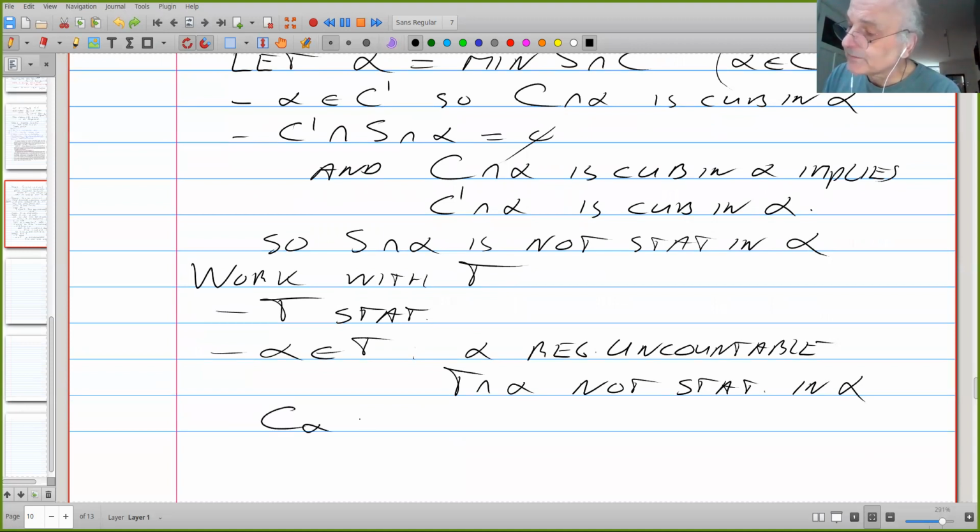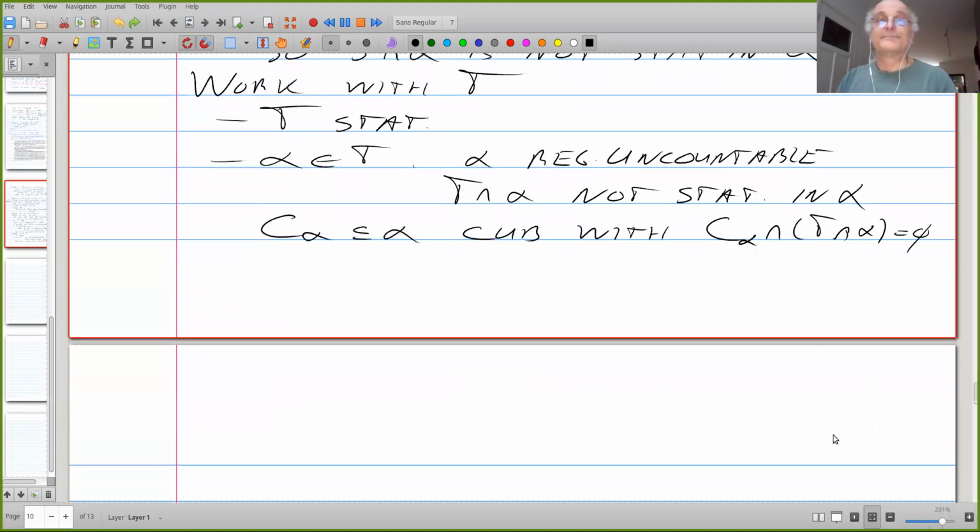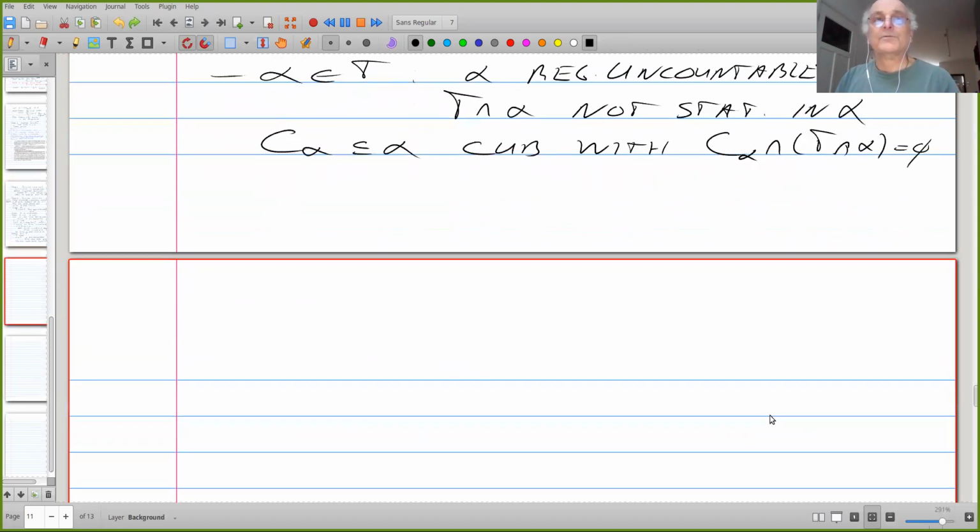C alpha cup with C alpha intersect T intersect alpha is empty. Okay, what are we going to do with that? We take its enumeration, and in the group interaction, you're invited.